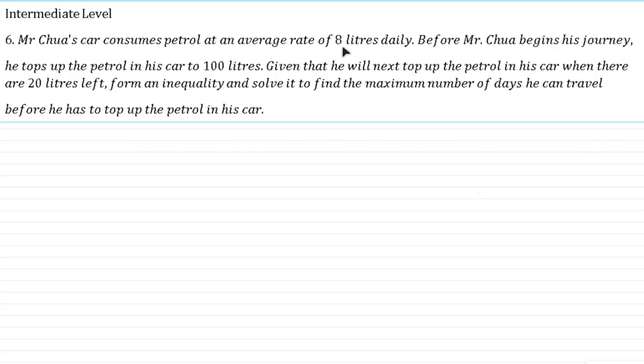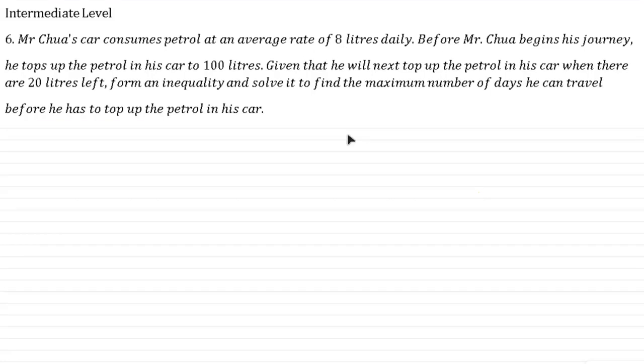As we have given that the daily consumption of petrol is at the rate of 8 liters per day, and he has 100 liters already in the car, and he will top up again when there is a quantity of 20 liters left.